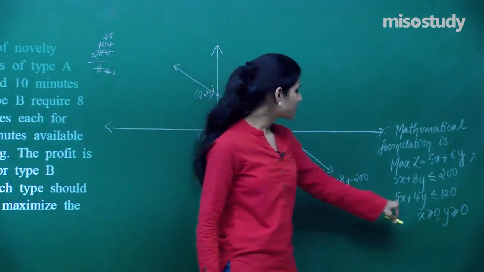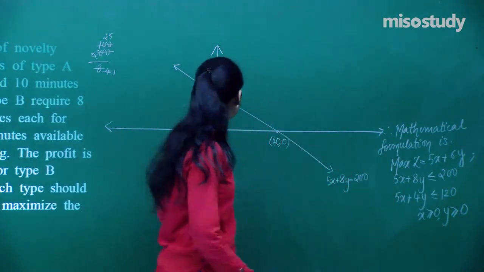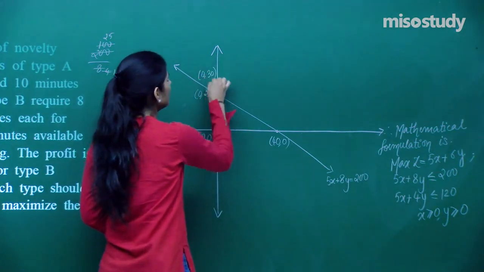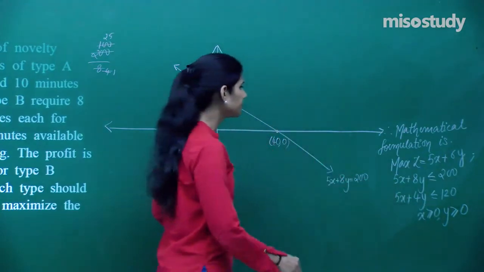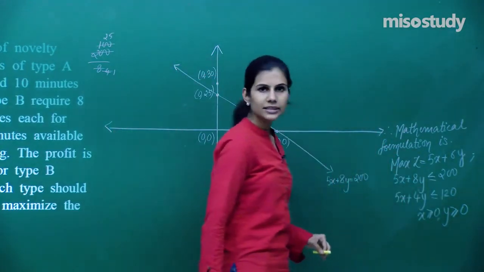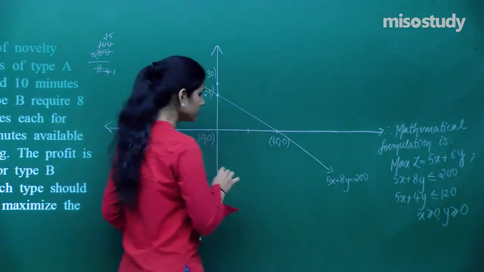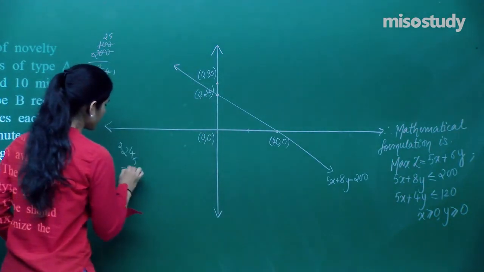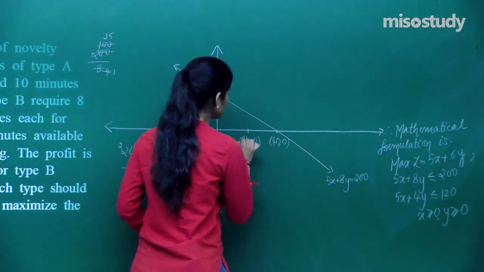Then I have 5x plus 4y less than or equal to 120. When x is 0, y is 30. And when y is 0, x is what? 5 into 2 is 10, and 5 into 4 is 20, so 24, somewhere here, because you all know 24 into 5 is 120. So you get 24 comma 0.